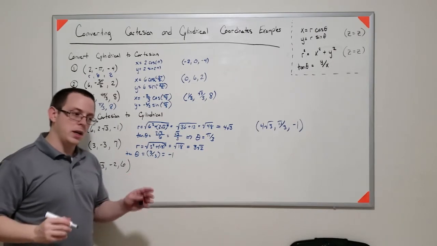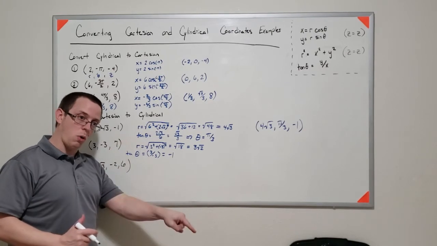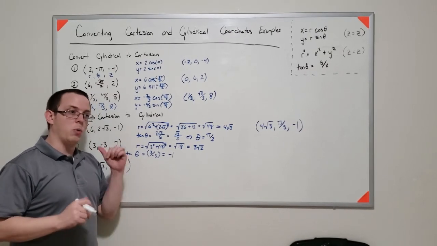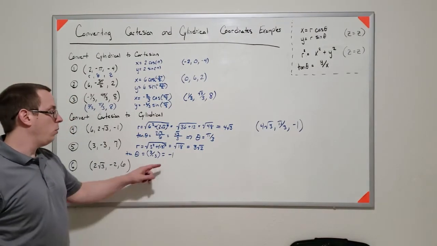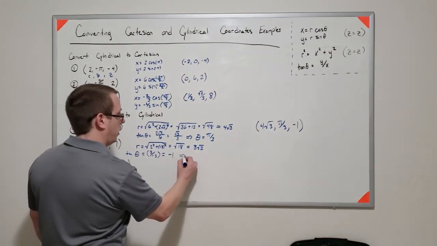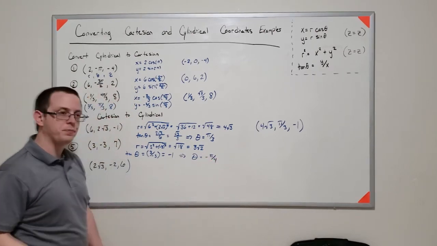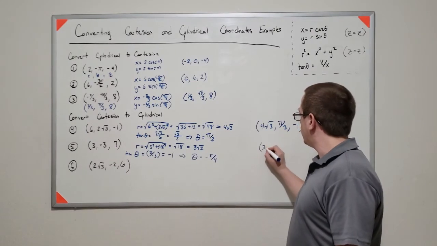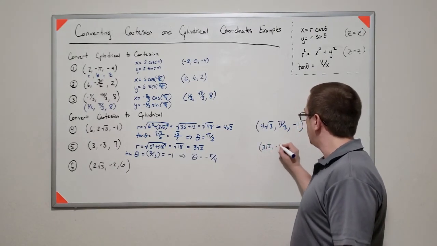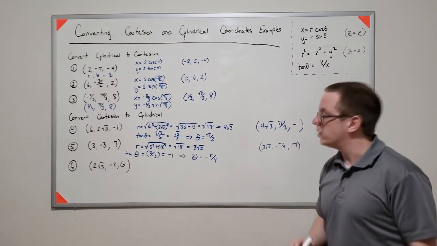So again, if tangent is negative, that could either be quadrant 2 or quadrant 4. But we know from this that we're in quadrant 4, so we understand that theta is negative pi over 4. So we have 3 square root of 2, negative pi over 4, and 7 is our answer.